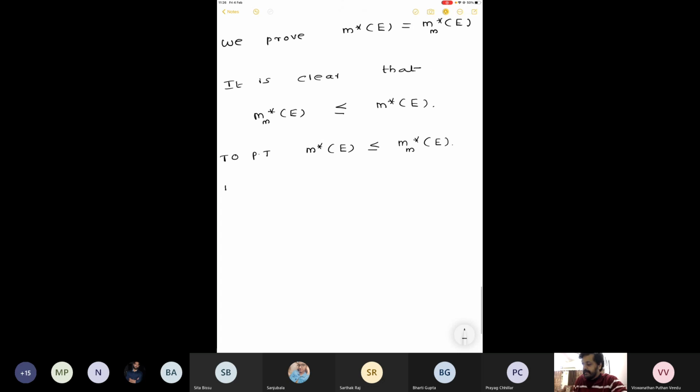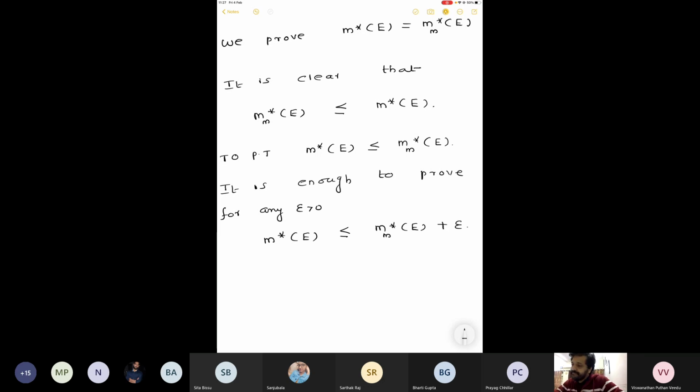Okay. It is enough to prove. I will be using the infimum idea again. For any epsilon greater than 0, M star E is less than or equal to MM star E plus epsilon.